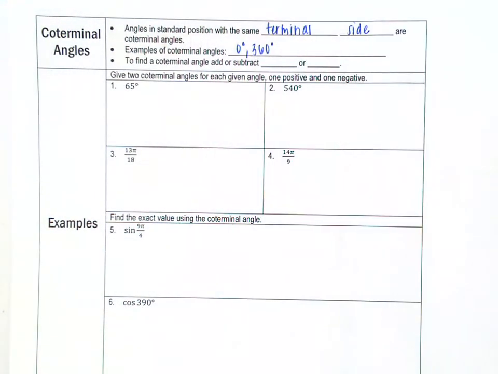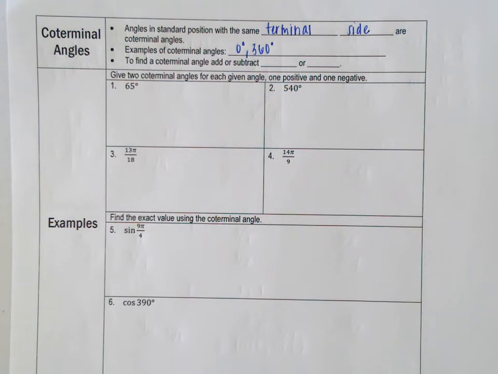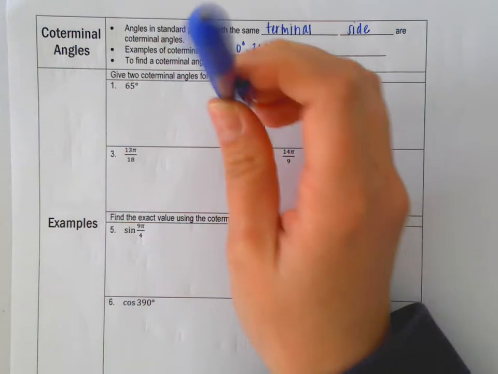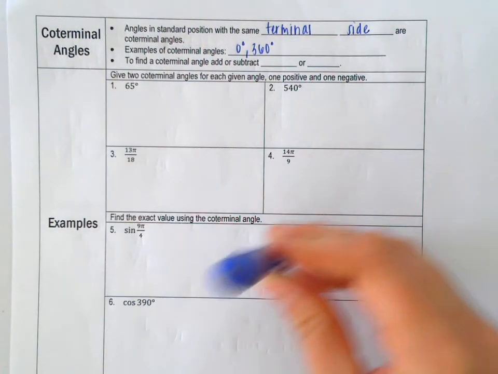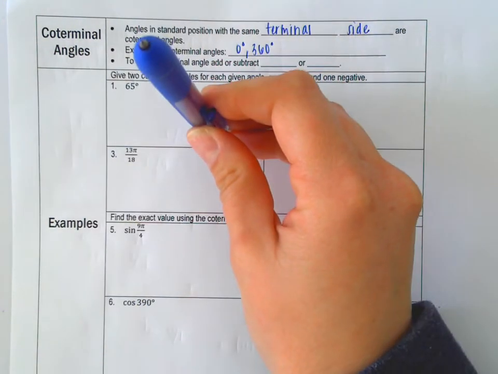360. Now, what that means is, some of you skateboard, right? When you do a 360, that means you spun around and landed exactly where you started.